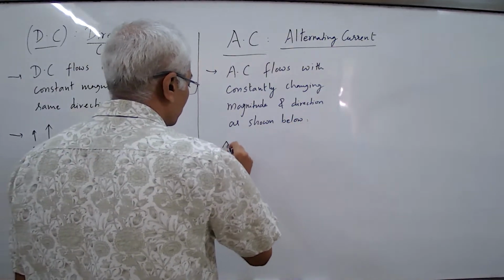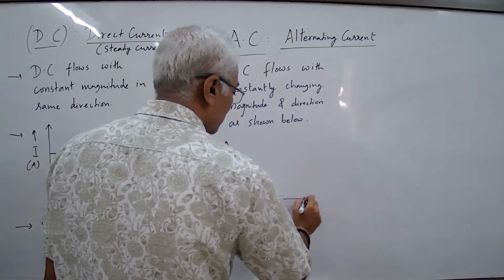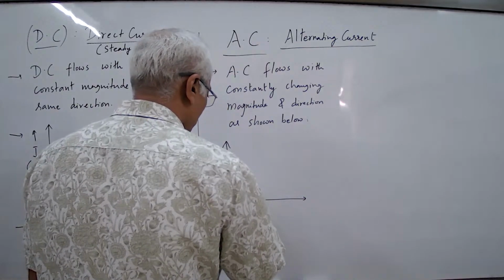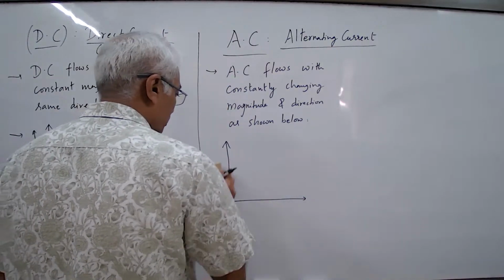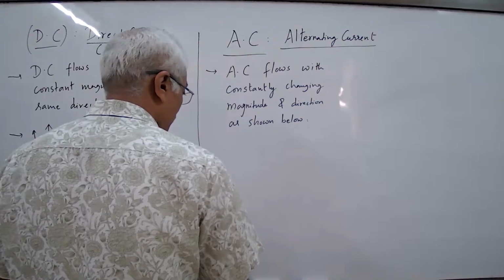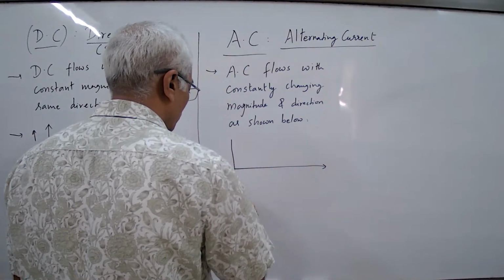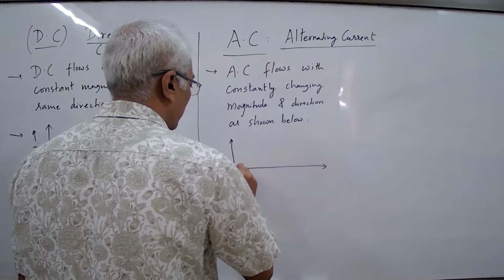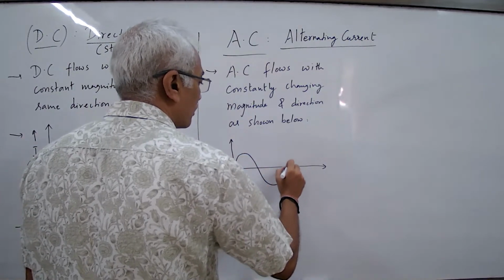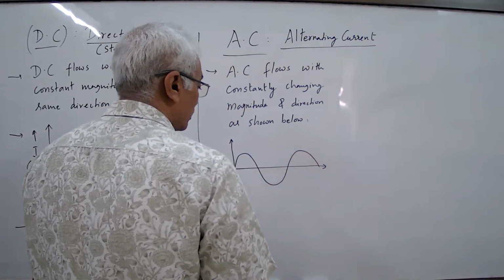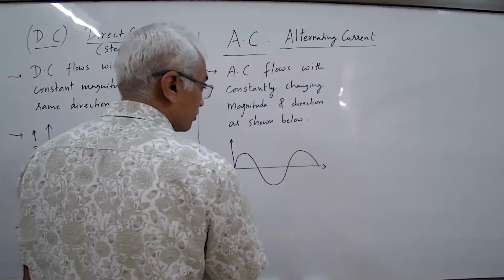So if you plot a graph of AC current versus time, the graph appears like this. It varies sinusoidally.